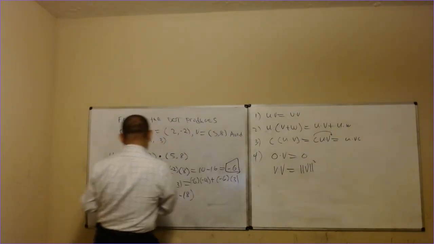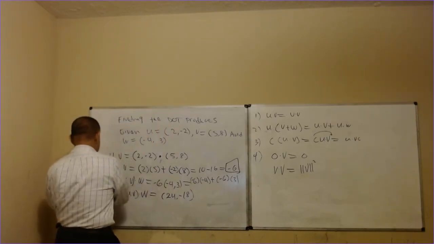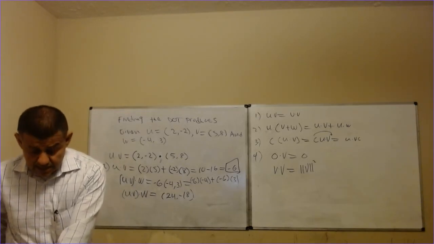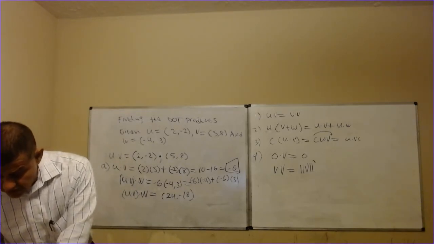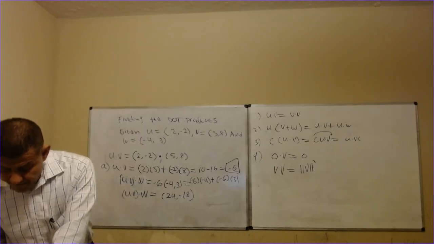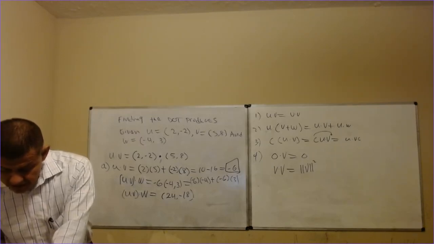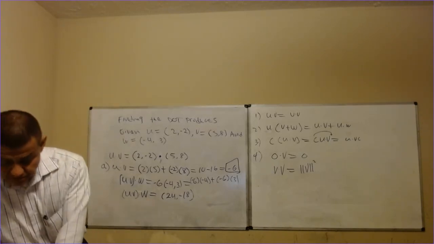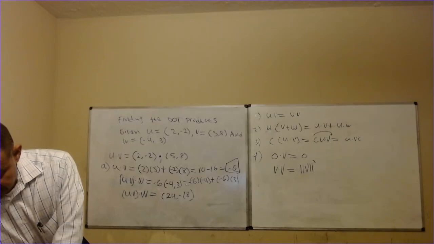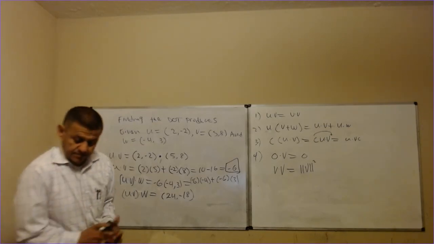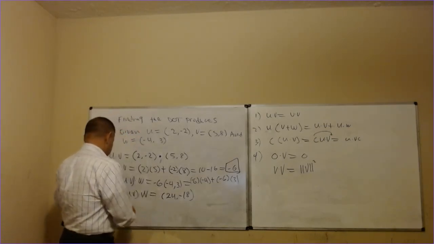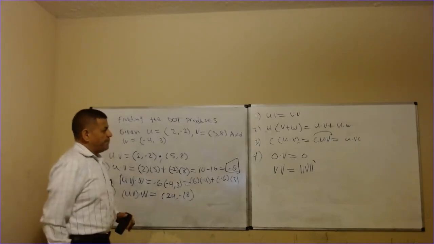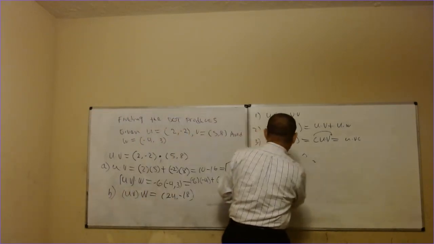I can actually just do it right here. This is A, and this is part of part B. Part B is this one. And then part C, let me erase this.